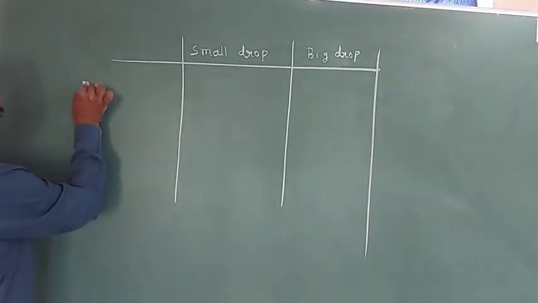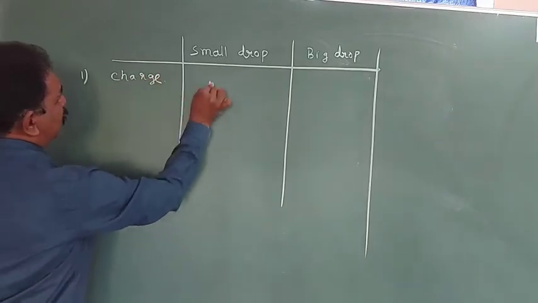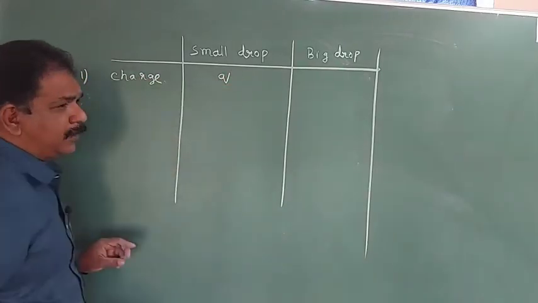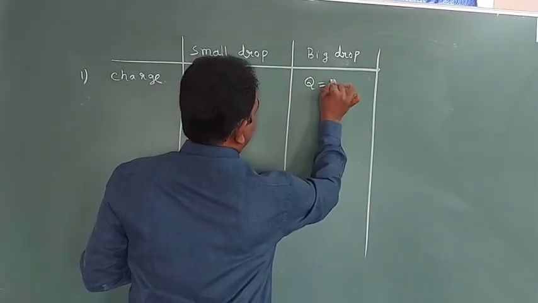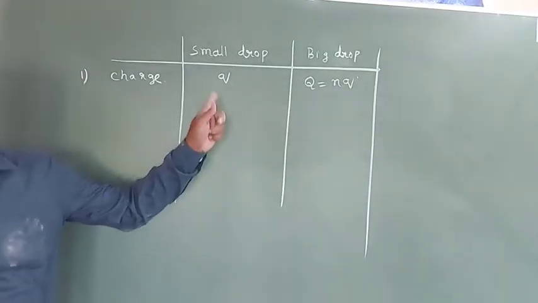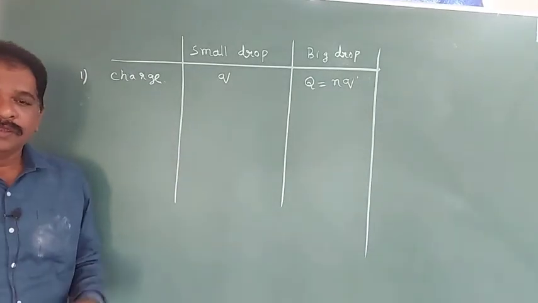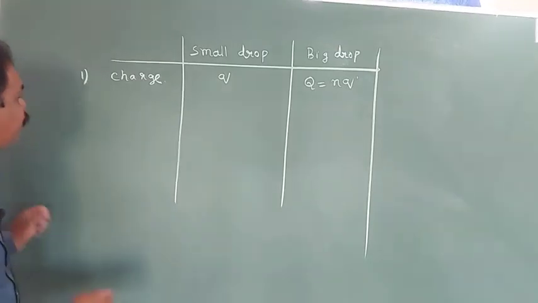Then first one will be charge. Small drop charge is small q. Big drop charge is capital Q. Relation between them will be Q equals n into q when n identical drops are combined together.